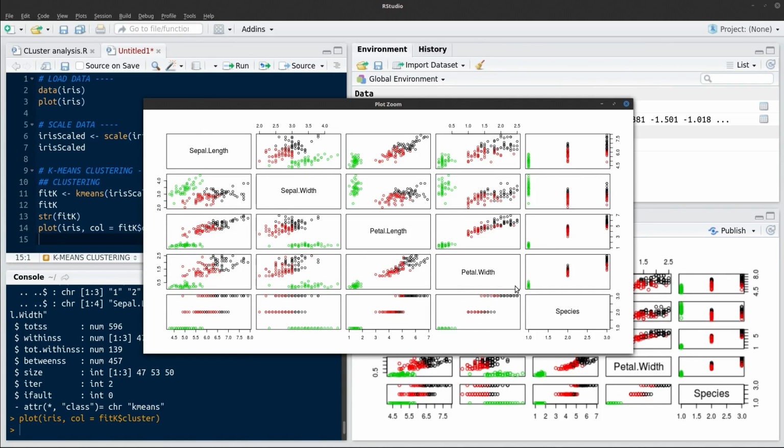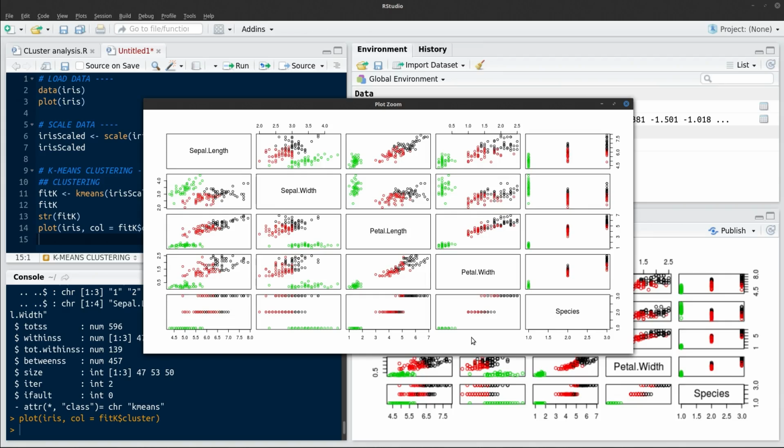And then these other two clusters are sort of a little bit mixed up. So some of the species have been assigned red when they should have been black, and some have been assigned black when they should have been red. So the algorithm hasn't done a bad job, but as these two populations of iris don't separate very well, we don't have 100% accuracy based on our species variable.